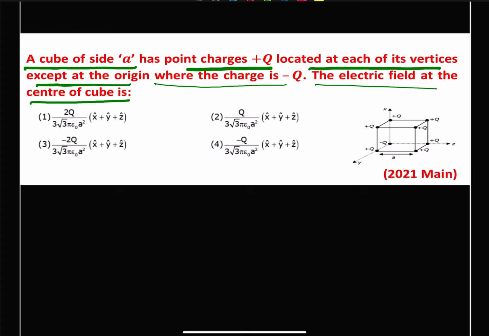All the charges at the vertices are positive except at the origin, that is minus Q. There are a total of 8 vertices, but we have charges of plus q at 7 vertices, and a charge of minus q at the origin, or we can say at one vertex.